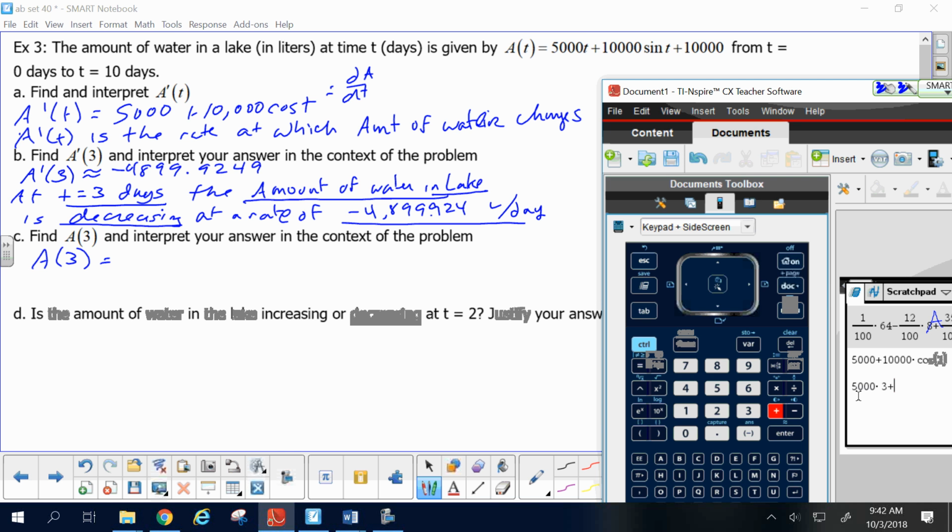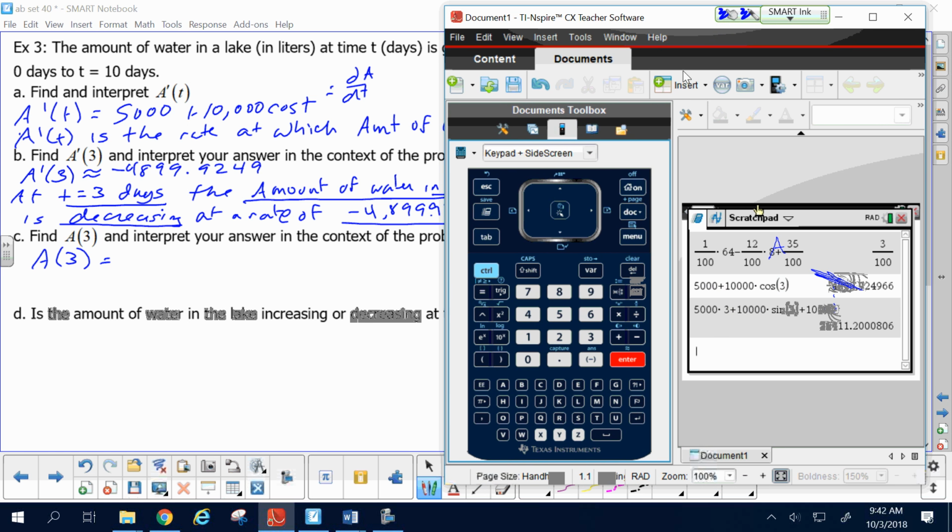We're using the original function. Whoa, baby. I hope I did that right. Did you get 26,411-ish? Yeah. Okay, cool.